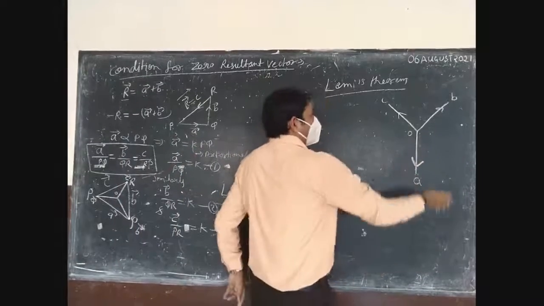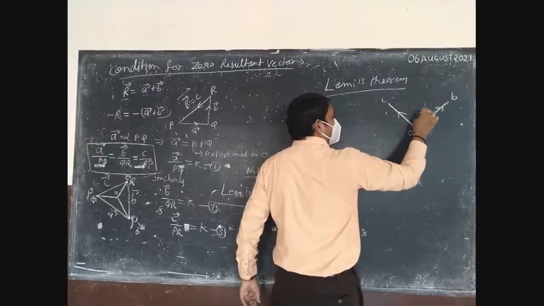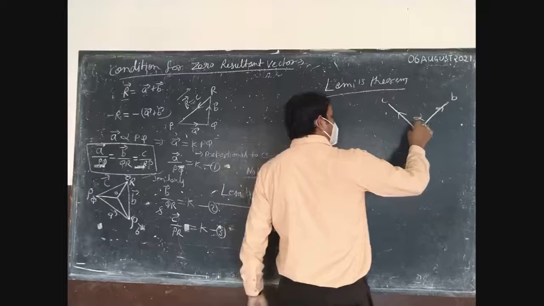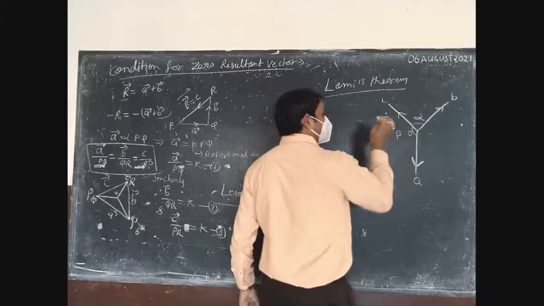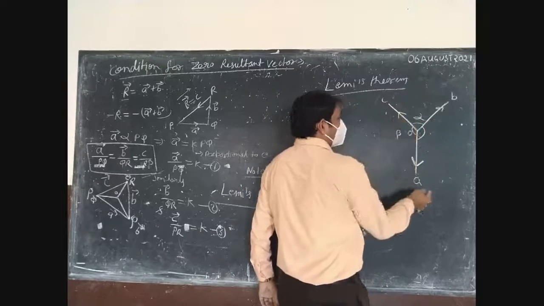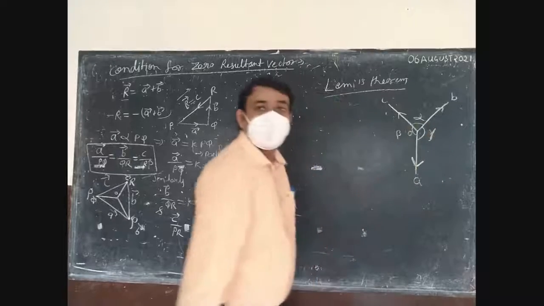Now, if the angle between the two vectors B and C is alpha, and the angle between C and A is beta, and the angle between A and B is gamma.